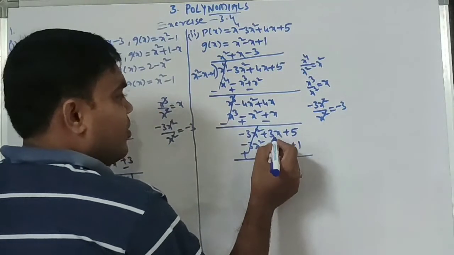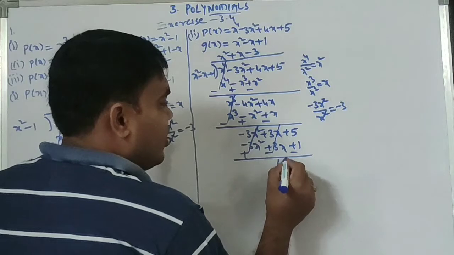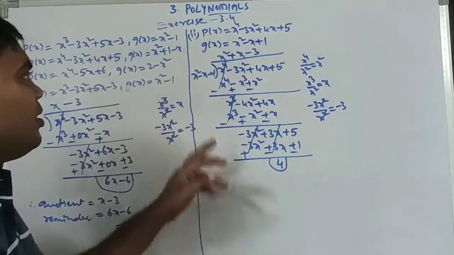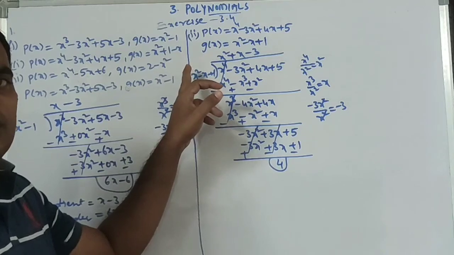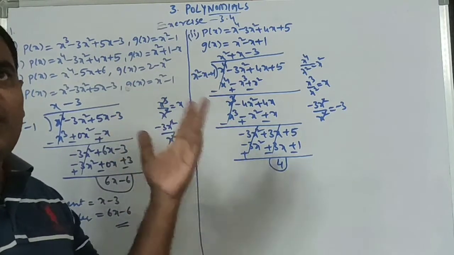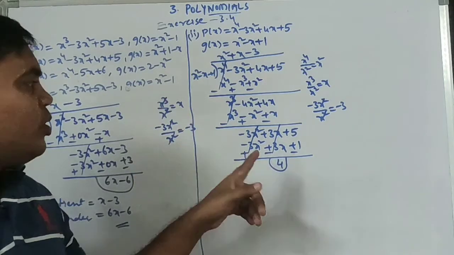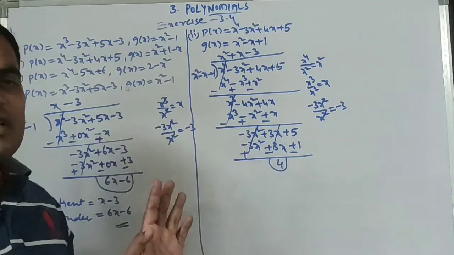So cancel, minus 3 plus 3x, minus 3x also cancels. 5 minus 1, 4. So this has degree 2, maximum power 2. So the remainder degree must be either 1 or 0, less than 2. So this is a constant. The degree of the constant polynomial is 0.